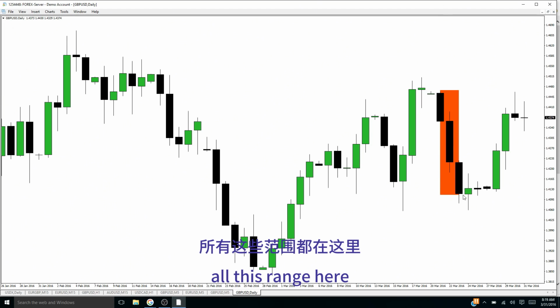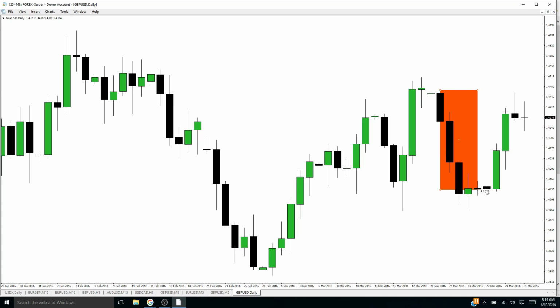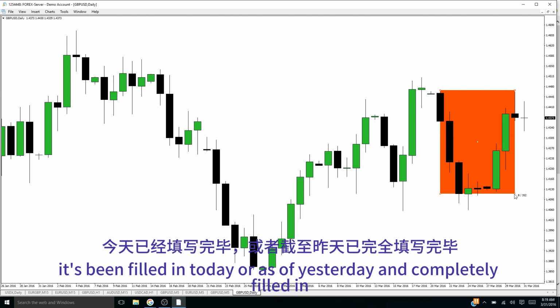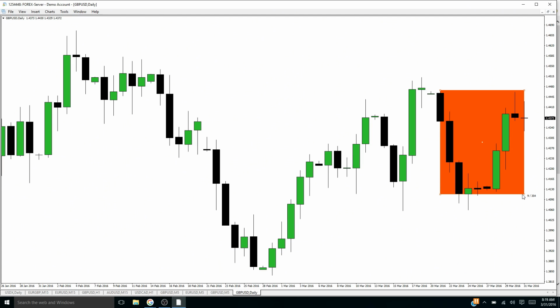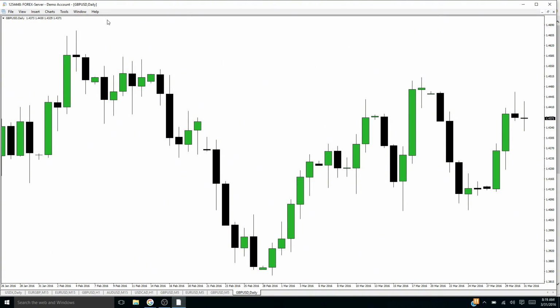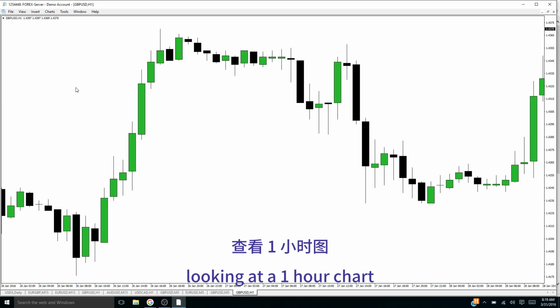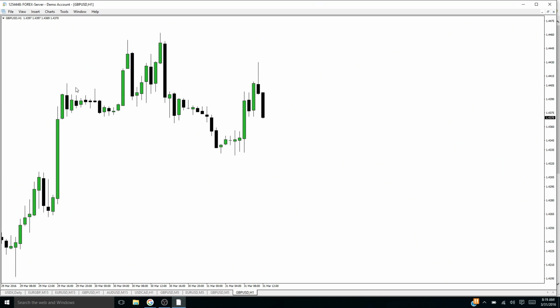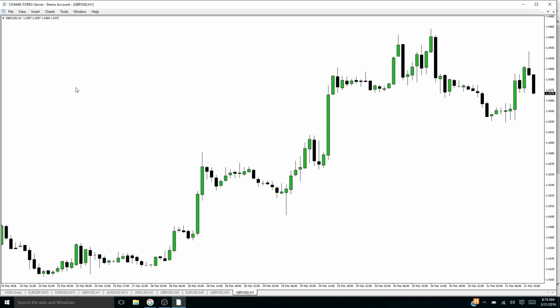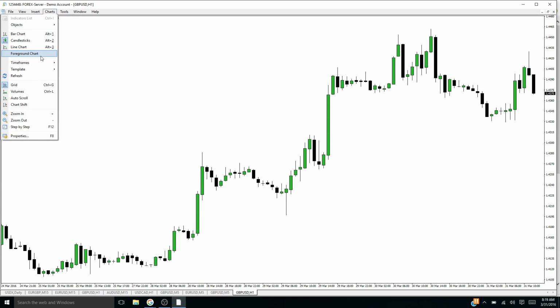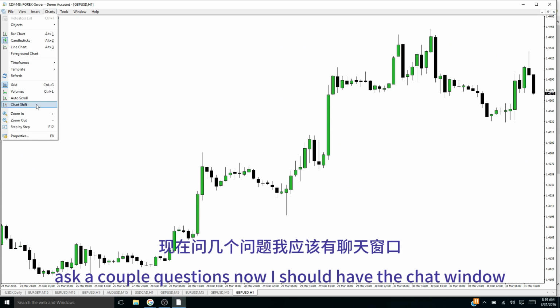All this range here has been filled in as of yesterday. Looking at a 1 hour chart, we're going to ask a couple of questions.